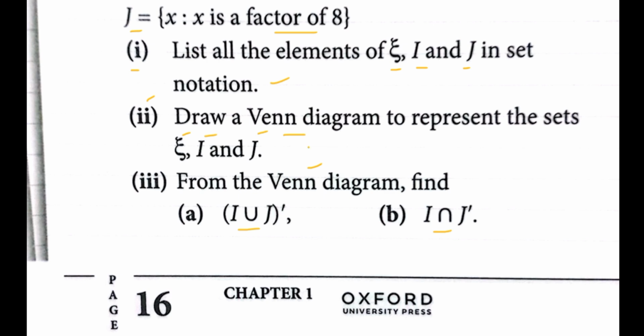Firstly, we list all the elements of xi, I and j. The first set is xi, which is here the universal set. This set consists of all the positive integers which are less than 16.